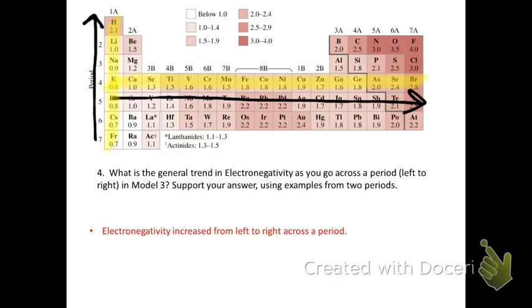So electronegativity gets greater as we go up and gets greater as we go from left to right. Overall, fluorine is going to be the element that has the highest electronegativity. Make sure you write that down in your notes. And francium is going to be the element with the lowest or the least electronegative element. Okay? And so that's important to make note of in your notes.